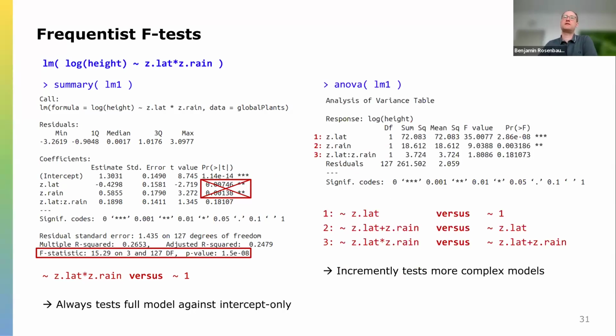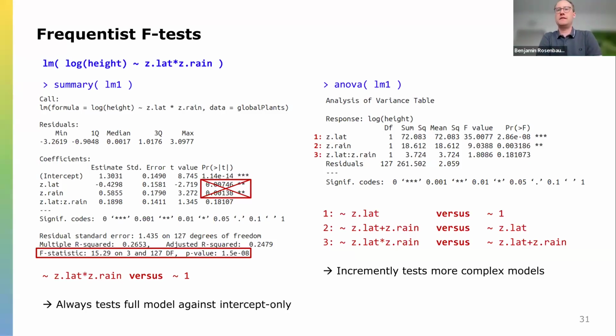Therefore, in this interaction model, I would look at the ANOVA table, which performs tests a bit in a different way. Here the ANOVA table is just 3 different tests. It starts with a very basic model where you just fit the intercept, and you test if the first variable should be included, here latitude.